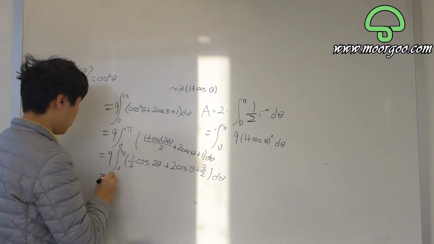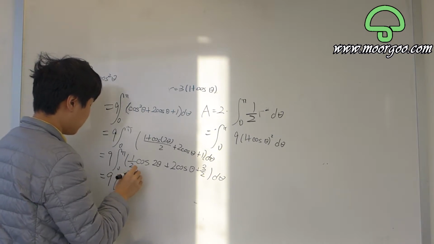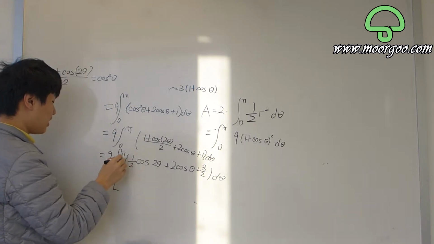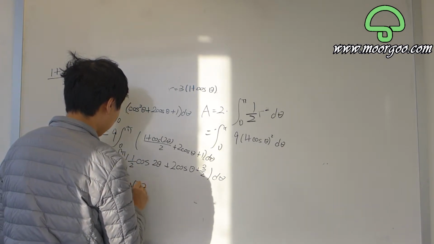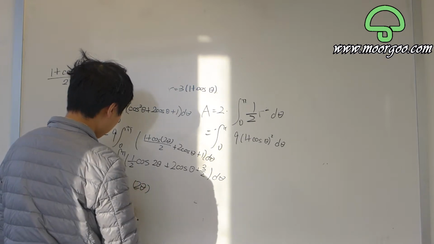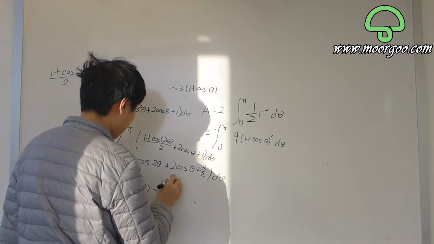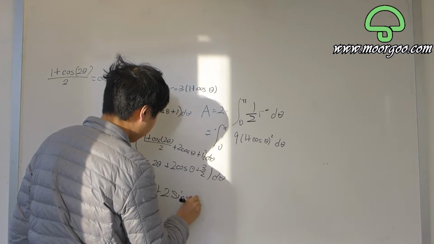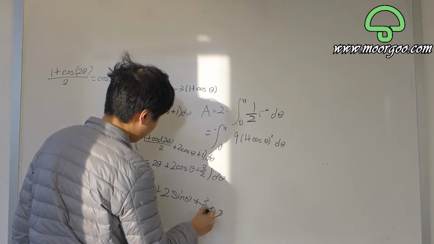Now we integrate term by term. What's the antiderivative of this one? Sine of 2 theta. This one, 2 sine theta, and this one. Easy.